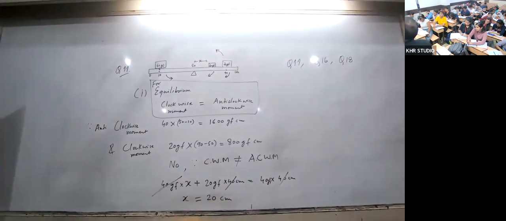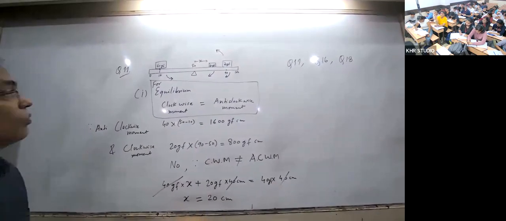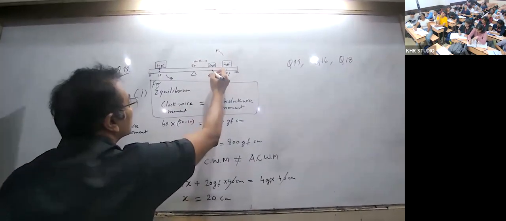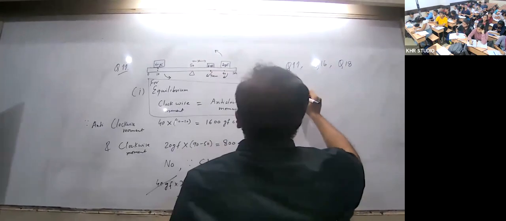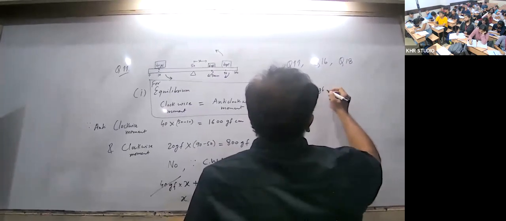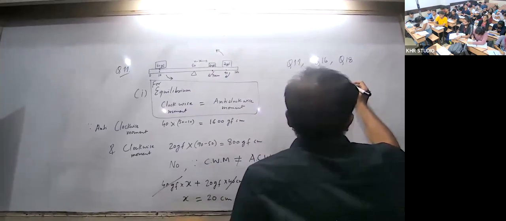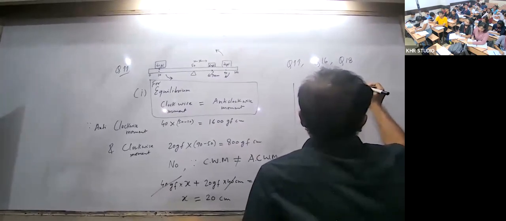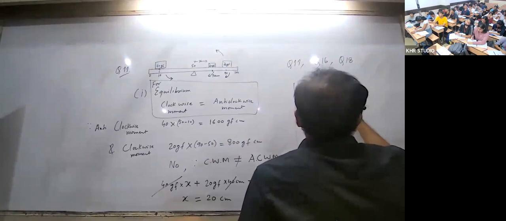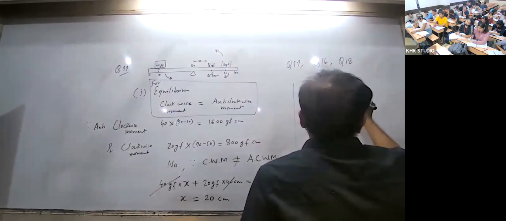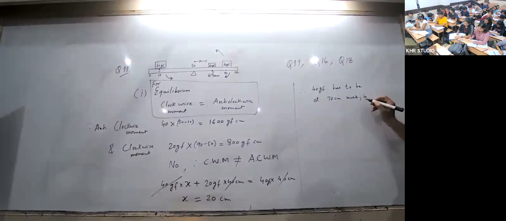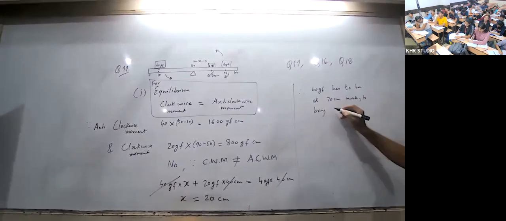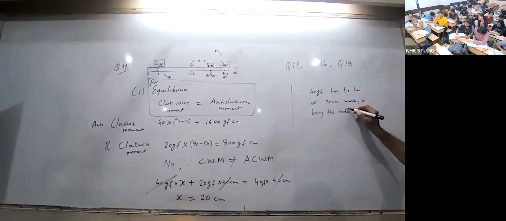So 50 plus 20 is 70. Therefore the 40 gram force has to be at the 70 centimeter mark to bring the meter scale into equilibrium.